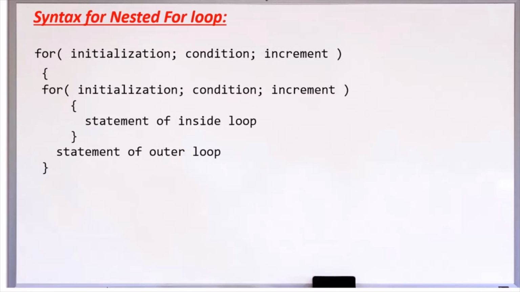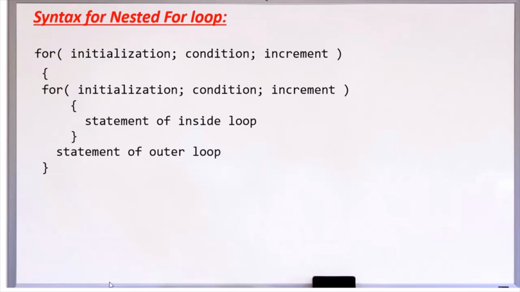When the outer for loop condition is true, it will go to the next for loop. If the condition is true for the second loop, it will execute. When the condition for the inner loop is false, remember this, then and only then it will again go to the first for loop. That means the first for is for rows and the second for is for columns, right?